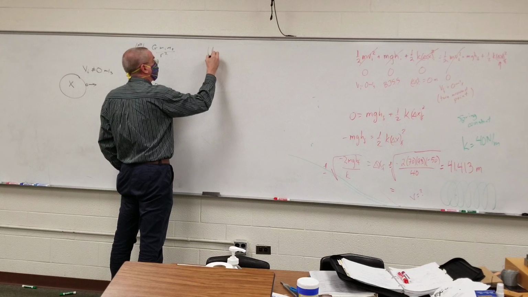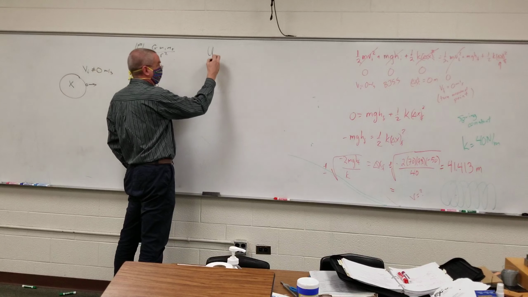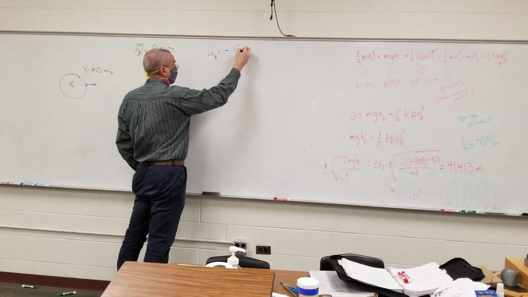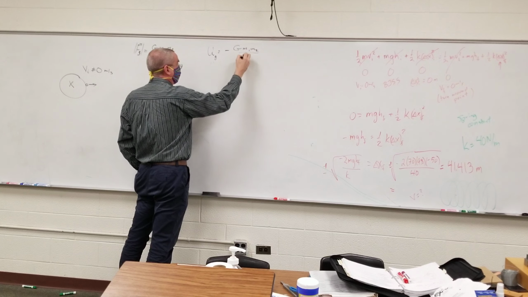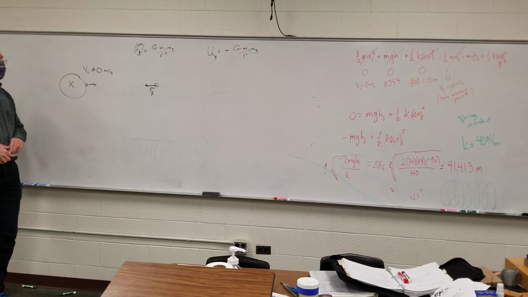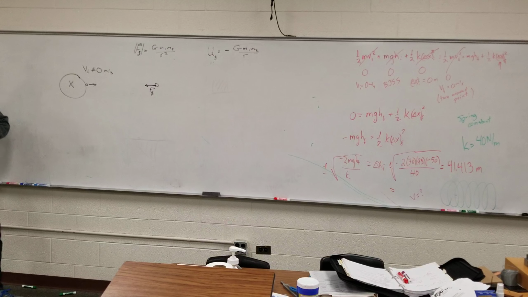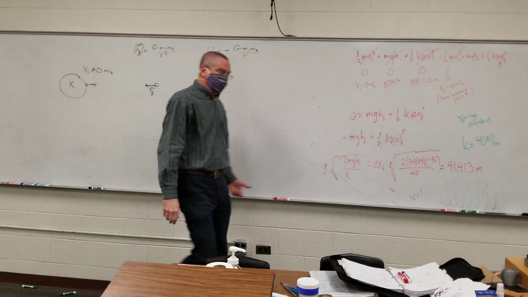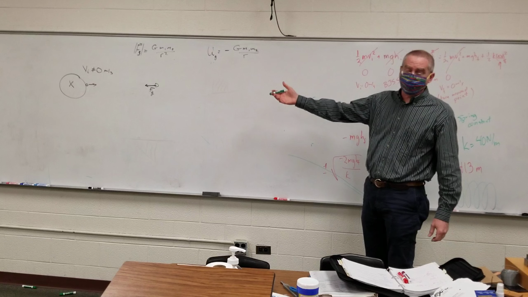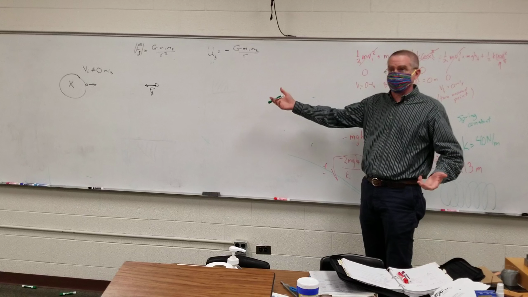The potential energy associated with the generalized formula is negative big G mass 1 mass 2 over r. So now, the only force acting in here is a conservative force.